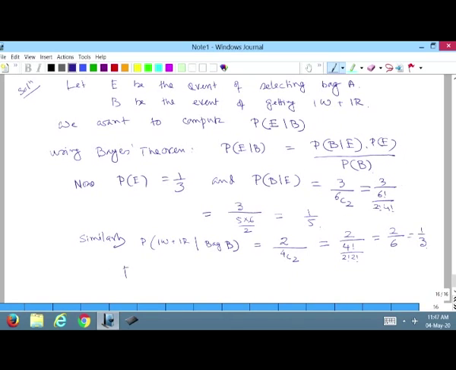And the probability of 1 white plus 1 red given bag C is equal to 12 upon 12C2, which is 12 upon (11 into 12 by 2), which is 2 upon 11.